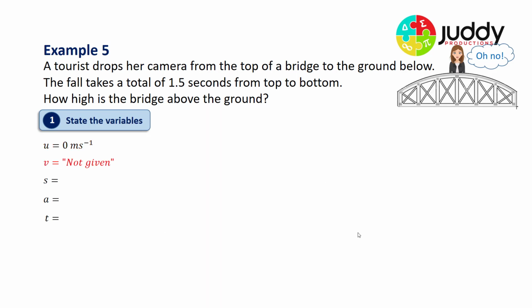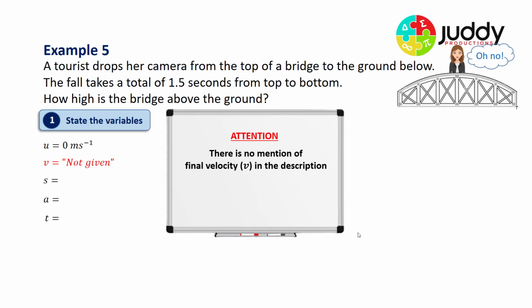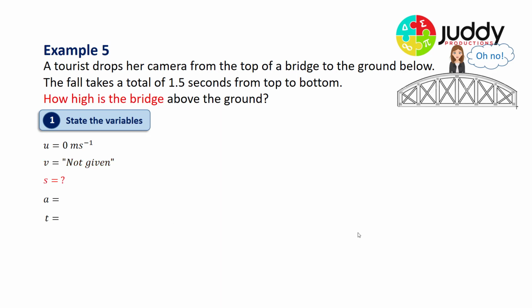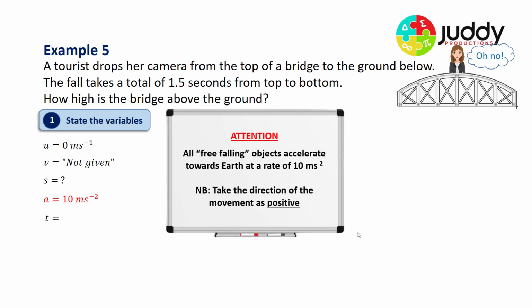Now, final velocity is not given. There's no mention of the final velocity v in this description. The displacement, how high is the bridge, how far has it fallen, s equals question mark. That's what we're trying to solve. Acceleration equals 10 meters per second. Now, important that all free-falling objects accelerate towards the Earth at a rate of 10 meters per second.